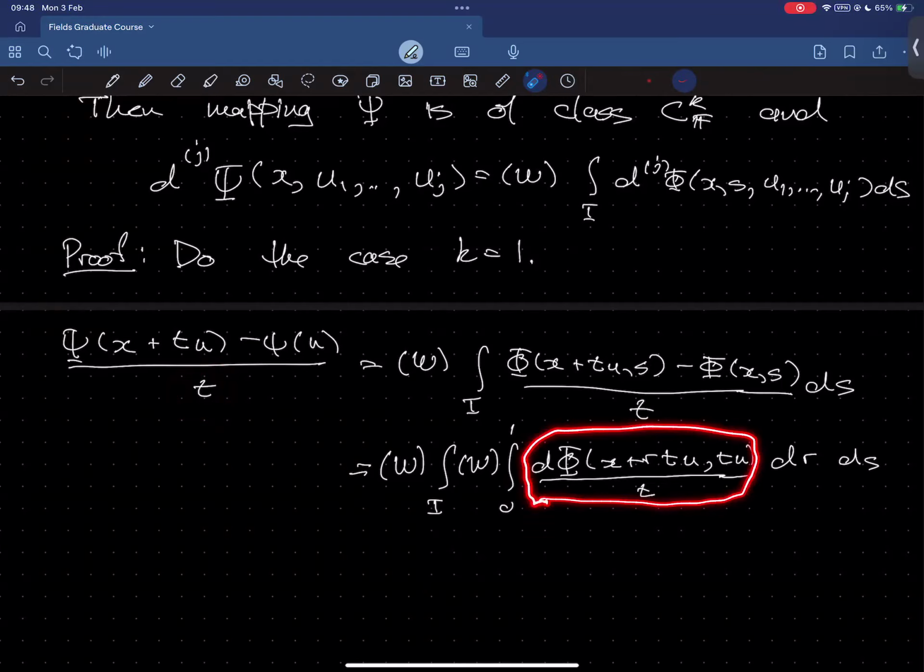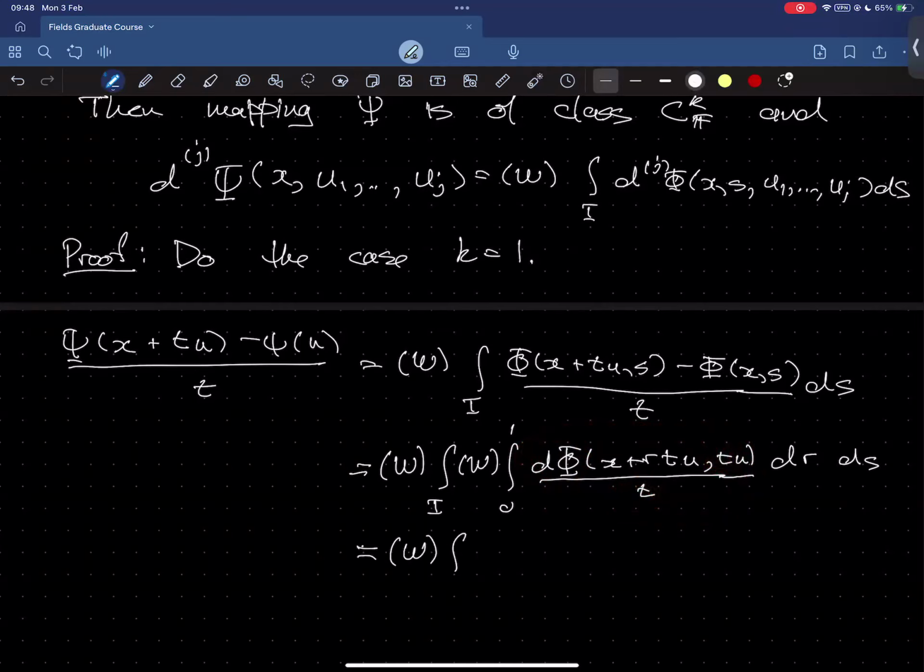The fact is, it's patently obvious that it's well defined, and I'm just asking you why it's patently obvious. What do I know about d phi? D phi is linear. So I can take this t and pull it out, and therefore it cancels with that t.